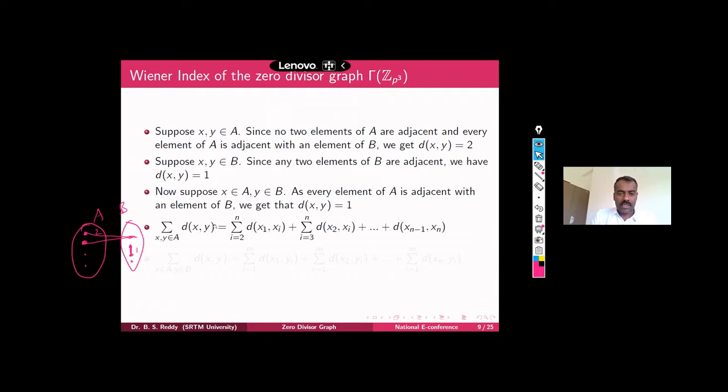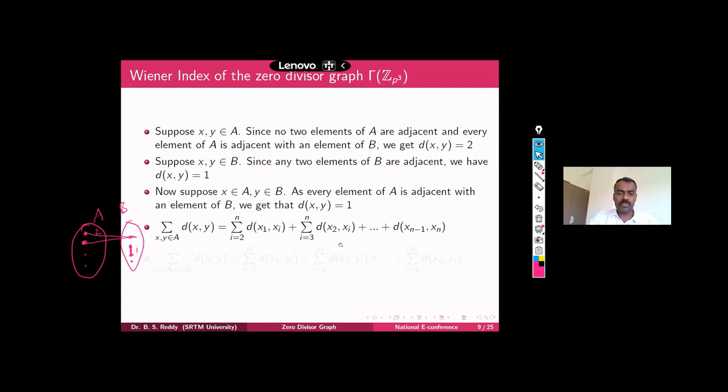Okay, then we can split this. If they are in the same set, that means x and y are both in A, then how we split it here is, you start with x1, then go from x2 onwards. That means x1, x2, x1, x3, and so on. Similarly, if you start from x2, then go to x3, x4, and so on. That means there is no repetition.